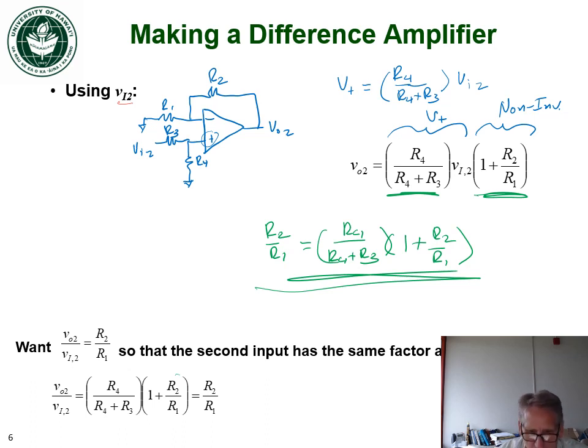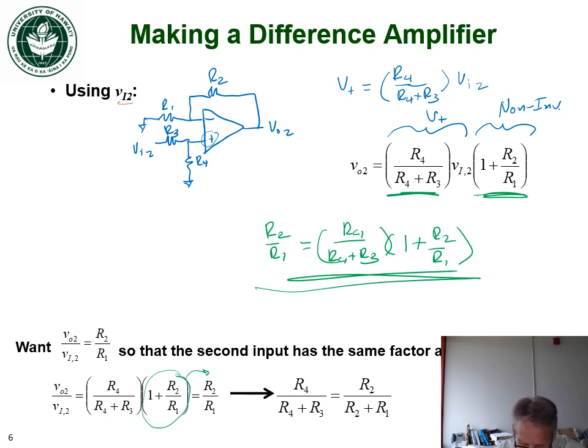So if we manipulate this equation a little bit, we get R4 over R4 plus R3, and we move this term over to the right side. This becomes R1 plus R2 over R1. Move it to the right, and we get R2 over R2 plus R1.